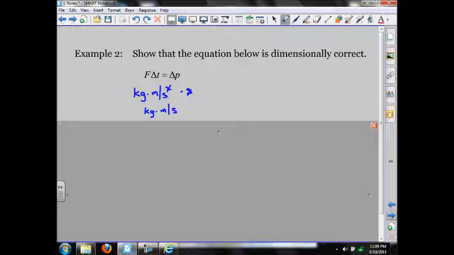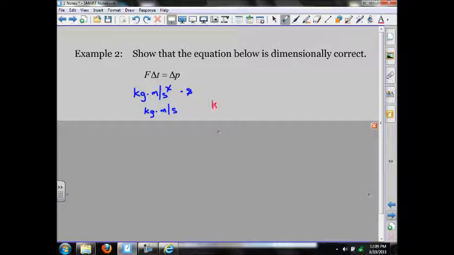Lowercase p. Momentum deals with motion. Mass times velocity. So on the other side here, mass times velocity.